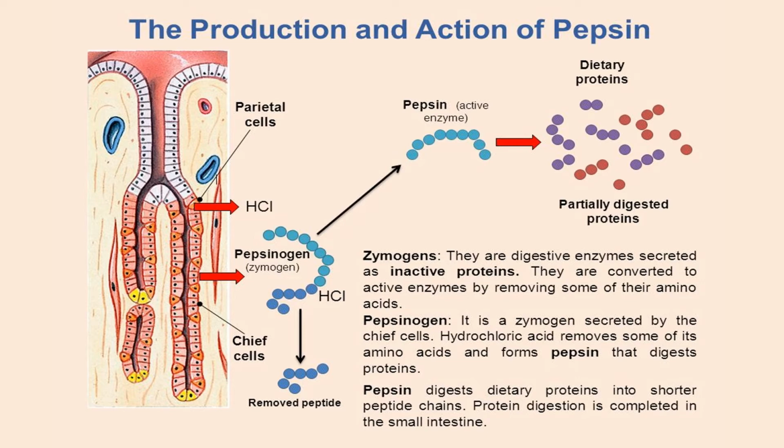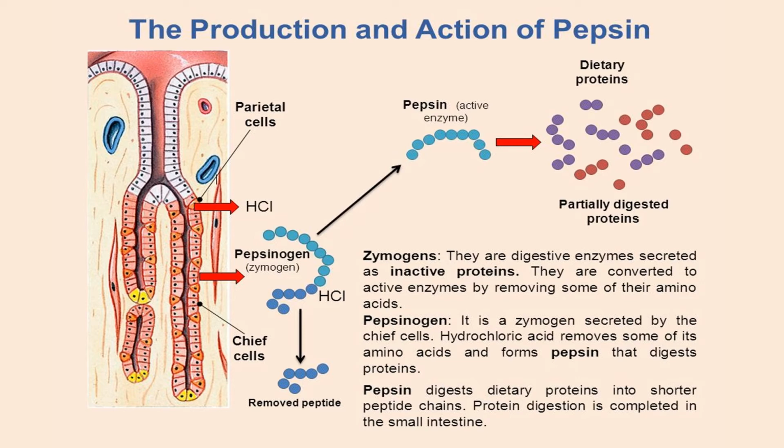So that little peptide acts as a little safety feature. It stops the chief cells from destroying themselves. And as you'll see, there's a number of enzymes that are secreted into the digestive system that are actually manufactured as zymogens, inactive enzymes, and those enzymes don't become active until they get to their final destination where they're going to do their work.